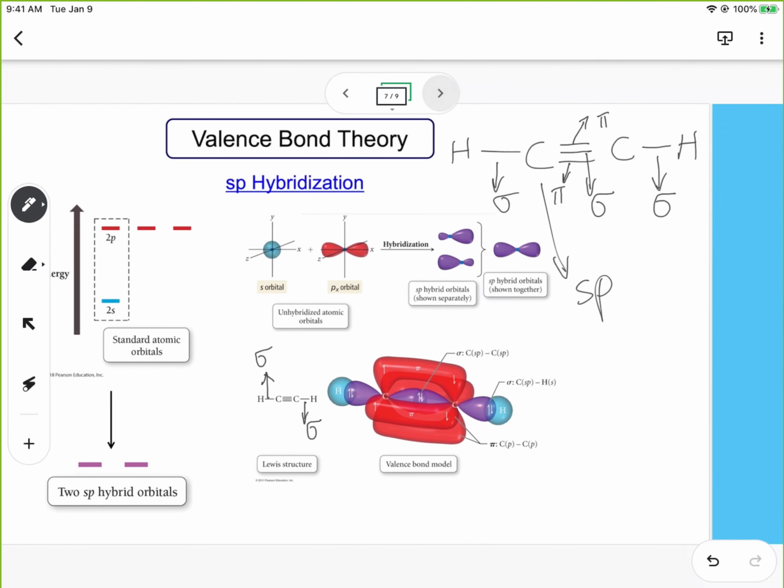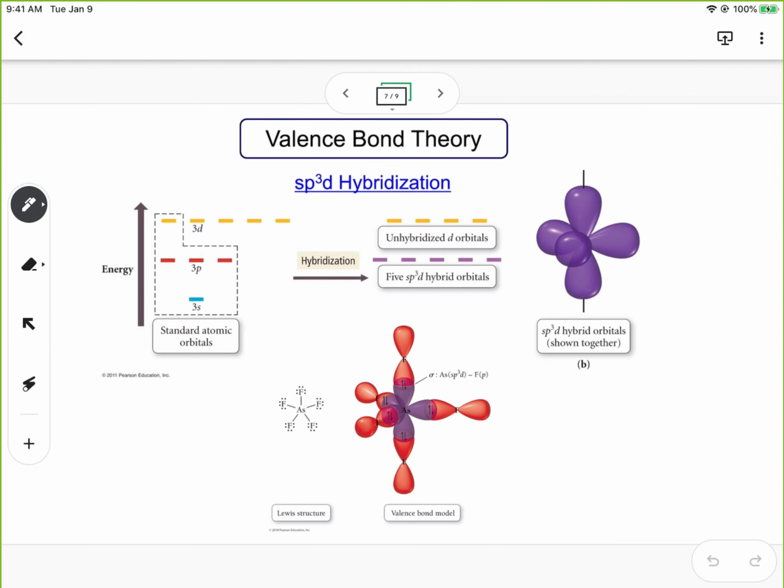All right, now the next one is going to be sp3d hybridization. Well, let's take a look at this example. Arsenic with 5 fluorines around it, and we say that this is an exception to the octet rule. The arsenic has 10 electrons, which is more than 8. So how do we explain this kind of interaction?